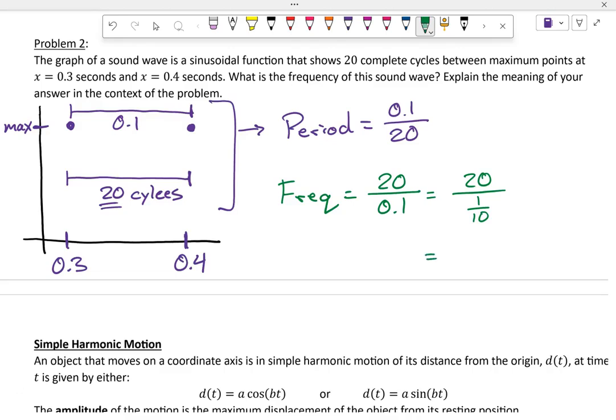So what is our frequency? 20 times. We can do that. What's 20 times 10, guys? There we go. There's our frequency, 200, okay? Which I believe would be in seconds, 200 seconds.